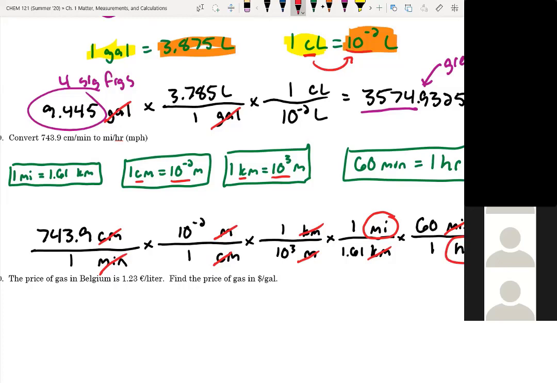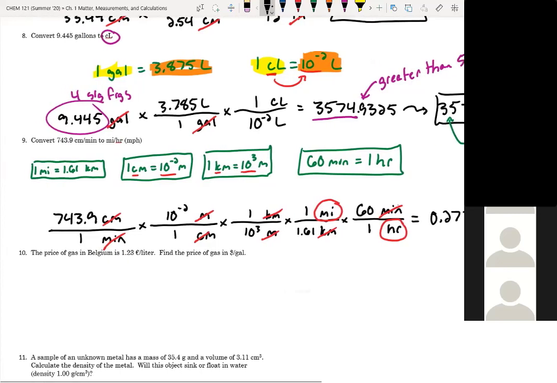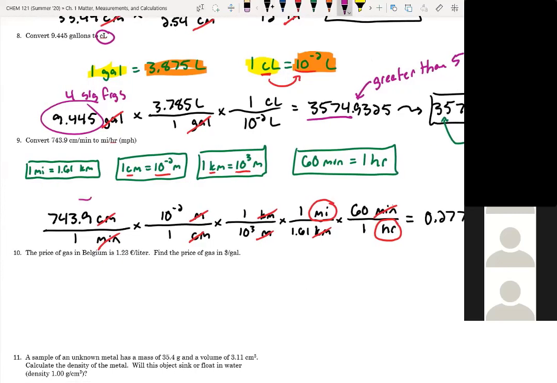All right, so let's check the math here, and hopefully we're all getting similar answers, but I'm getting 0.277229814, and this would be miles per hour. However, if we look over here at our starting value, we had 4 sig figs. So I really just want my students to try to stick with the same number of sig figs that we started with.